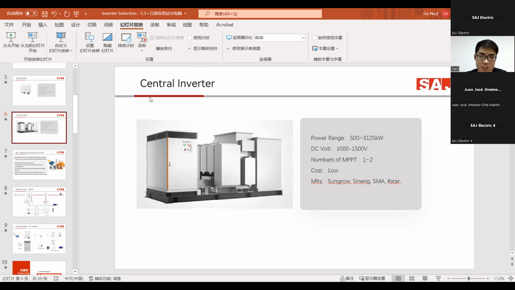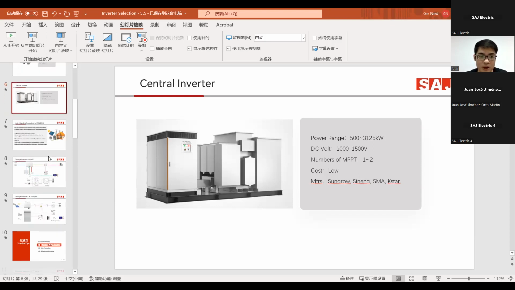The picture here is a Sungrow central inverter. At the left is the central inverter. On the right side you can see a medium voltage transformer for upgrade, and through here the AC output goes by AC conduit directly to the medium voltage transformer.